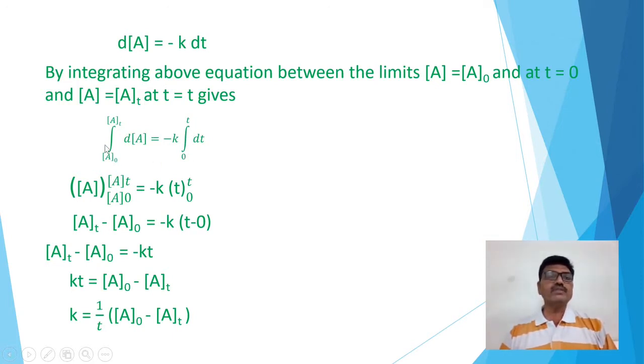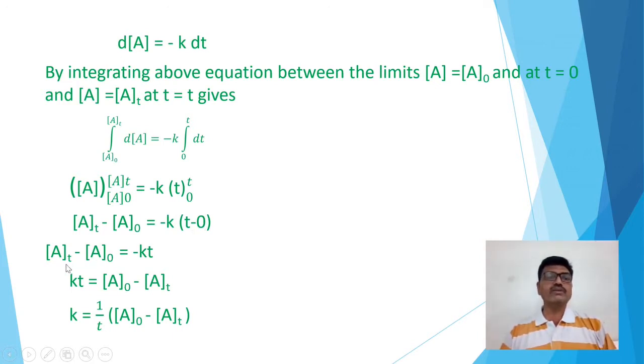Then [A]t minus [A]0 is equal to minus k (t minus 0).